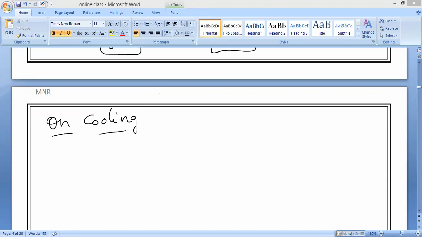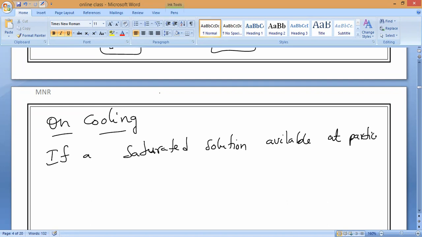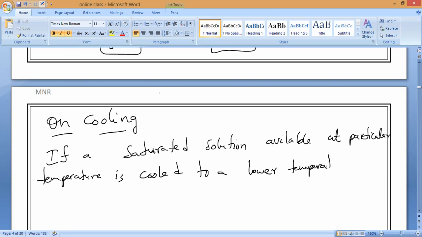If a saturated solution available at a particular temperature is cooled to a lower temperature, what will happen, guys?